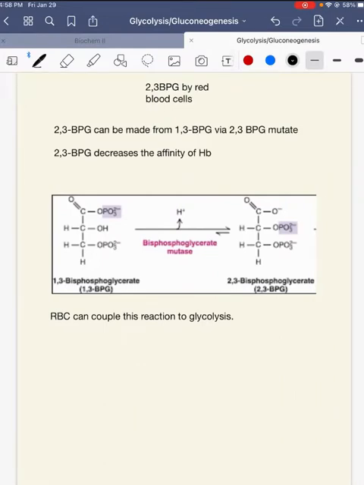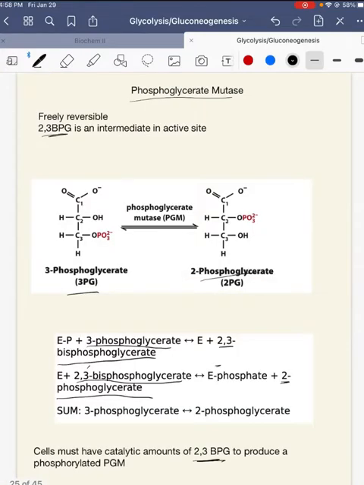We learned this in Biochem 1. 2,3-BPG can actually decrease the affinity of hemoglobin for oxygen. So when 2,3-BPG is present, hemoglobin will release its oxygen. And 2,3-BPG is needed for glycolysis because it's needed in the active site for this enzyme to work forward.